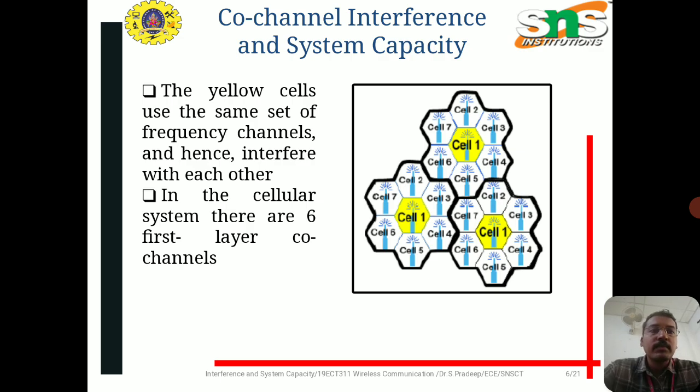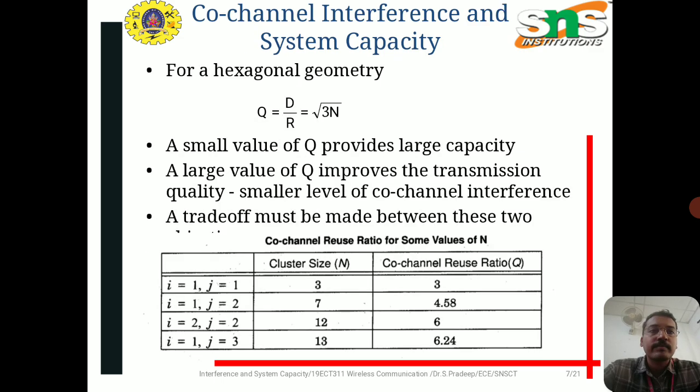In the cellular system, there are 6 first-layer co-channel cells. For a hexagonal geometry, Q equals d by r, which equals the square root of 3N. A small value of Q provides large capacity, and a large value of Q improves the transmission quality, with a smaller level of co-channel interference. A trade-off must be made between these two points.